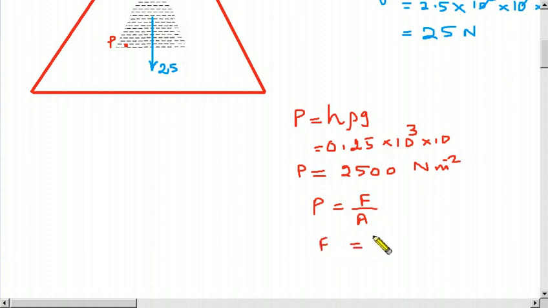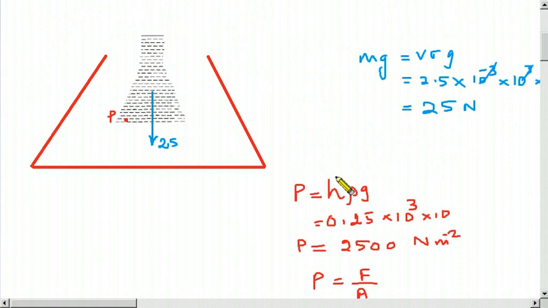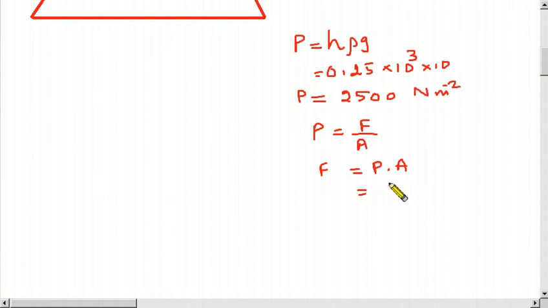Force equals pressure times area. Not the cross sectional area, but the total area of this bottom, because the force is acting on this bottom. Because we took the pressure at the bottom, very close to the glass bottom in the water. So pressure is 2500, times area, which is pi r squared.